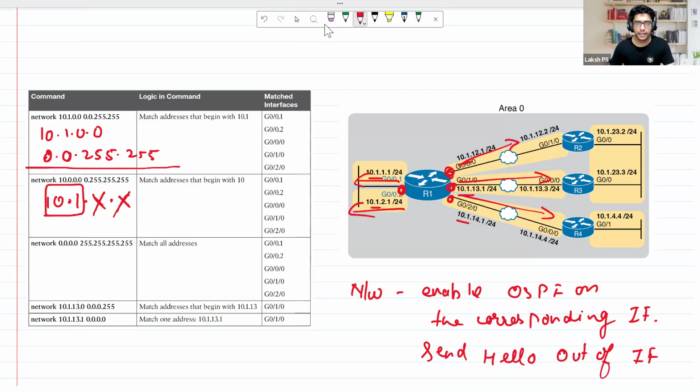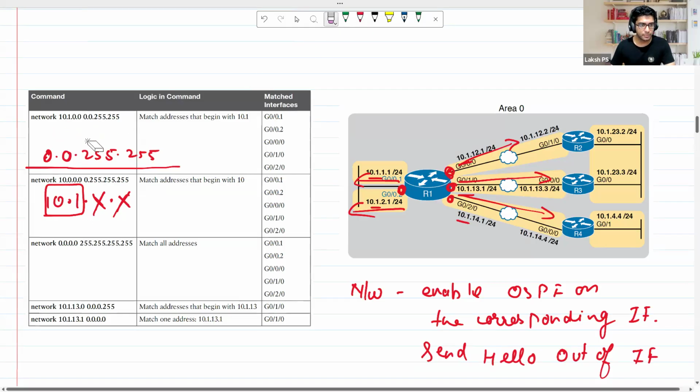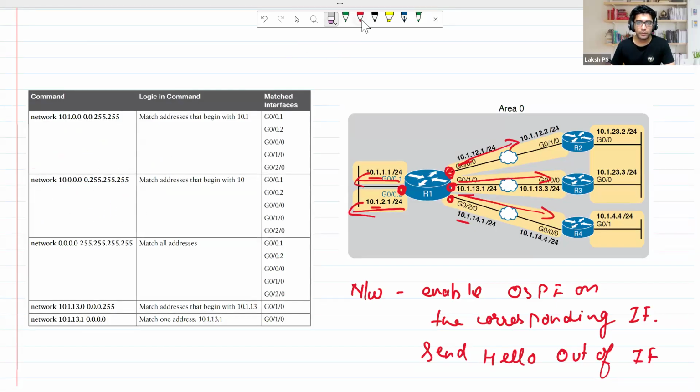If you do not understand, it's okay. We'll move to the next network command, which will be easier. It says 10.0.0.0 with wildcard mask 0.255.255.255. OSPF again sees the wildcard mask, and wherever there is 0, it copies that value and ignores the rest of the octets.